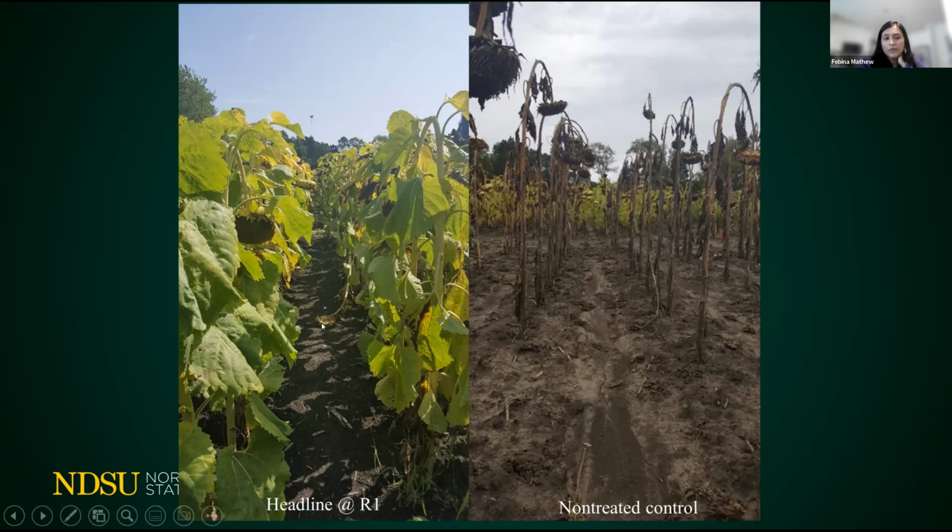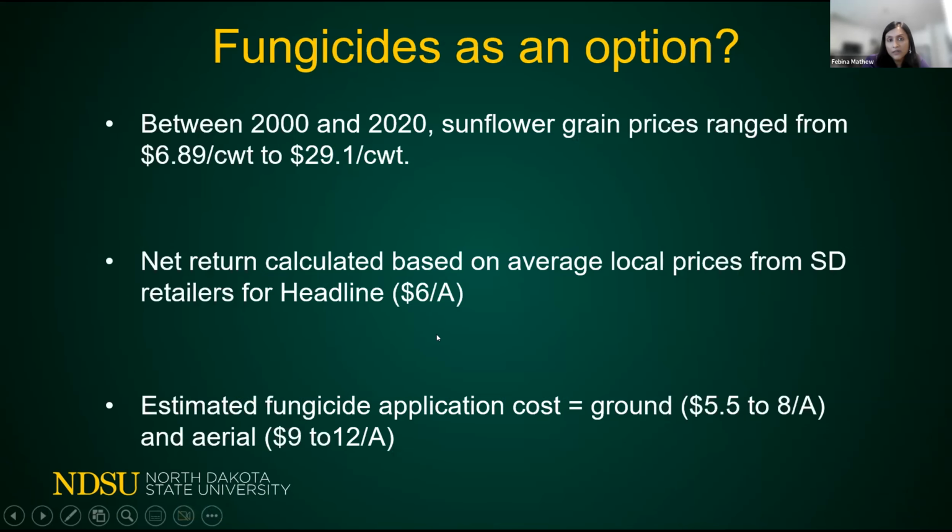But out of the plots where Headline was sprayed, Headline contains pyraclostrobin, we were seeing at least a 1,500 pound per acre increase. So there was a huge difference between spraying fungicide and Headline. And Headline was sprayed only once in this plot, but you could see the difference in what the plants look like.